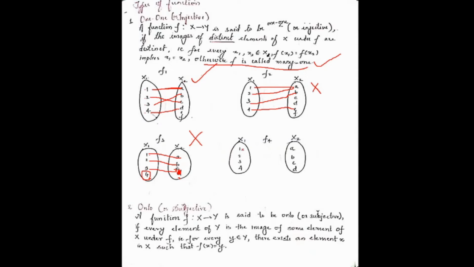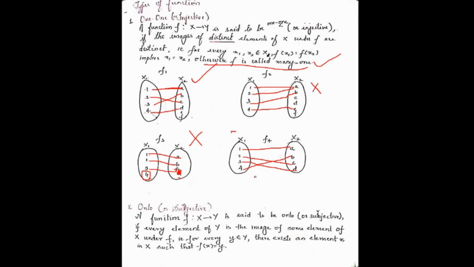Next, in a simple way, we will say this one: 1 to A, 2 to C, 3 to D, and 4 to B. Can you say this is 1, 1 or not 1, 1?